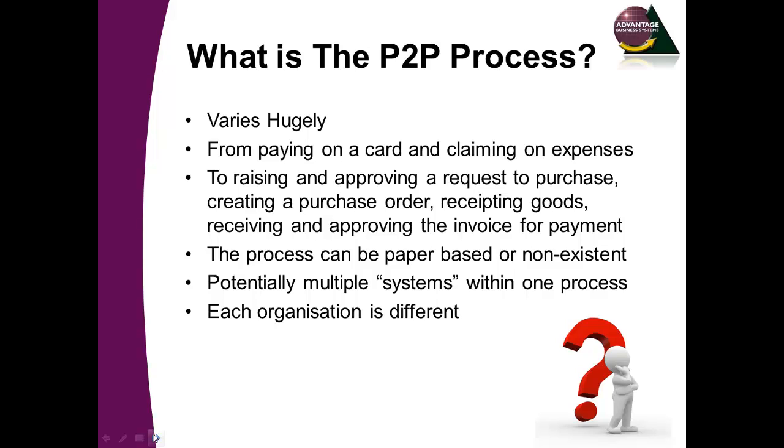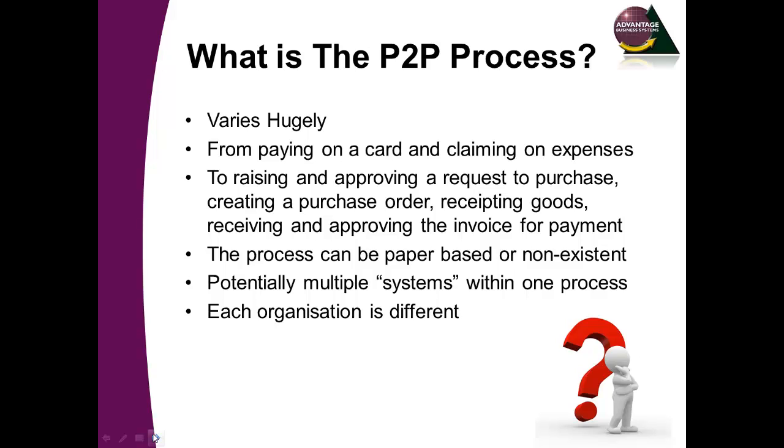So there could be multiple processes involved in your P2P process, or it may just be that there's a single approval of an invoice. As I say, every company is different, and it may be that you only need a very basic approval requirement, or you may potentially want to have quite complex approval structures within your organisation. And that could be based on different types of spend or how much you're spending, whether that spend is for internal use or whether it's purchasing something on behalf of one of your clients.